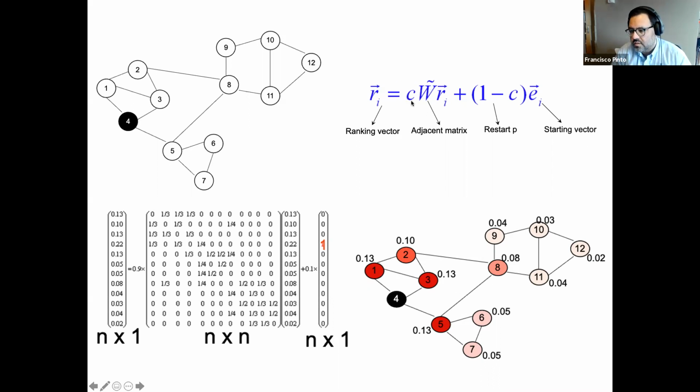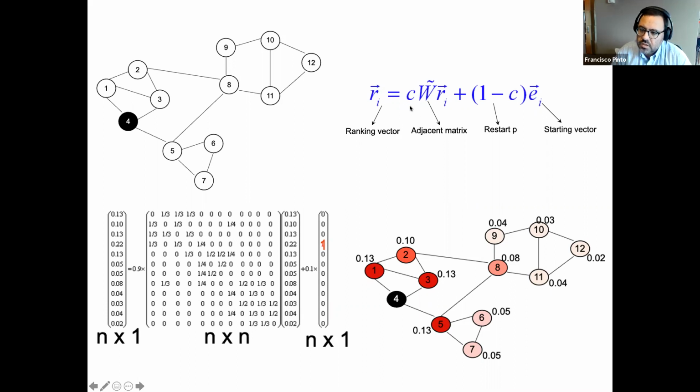Here C is the damping factor, the number that is multiplied by the probability of the walker times the adjacency matrix, and you have 1 minus C, that is the restart probability, multiplied by the starting vector. So with the restart probability, in the next time step the distribution of the walker is going to be equal to the starting vector.